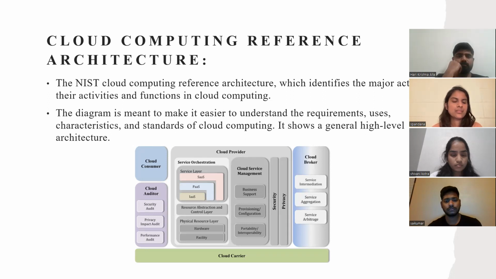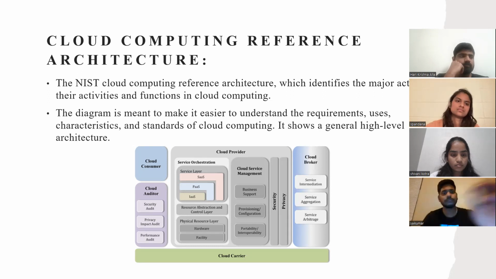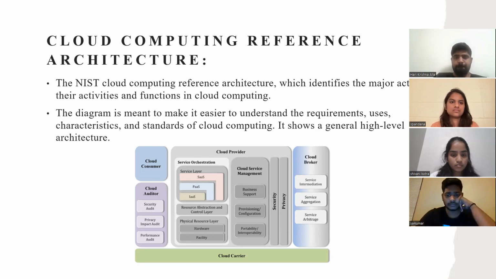It shows a general high-level architecture where you can observe in the diagram there are cloud consumers, cloud auditors, cloud providers with service layers SaaS, PaaS, and IaaS, where you can see the cloud service management, security and privacy, and cloud broker, cloud carrier. The next slides will give an overview of this diagram and go into detail, presented by my friend Siva.